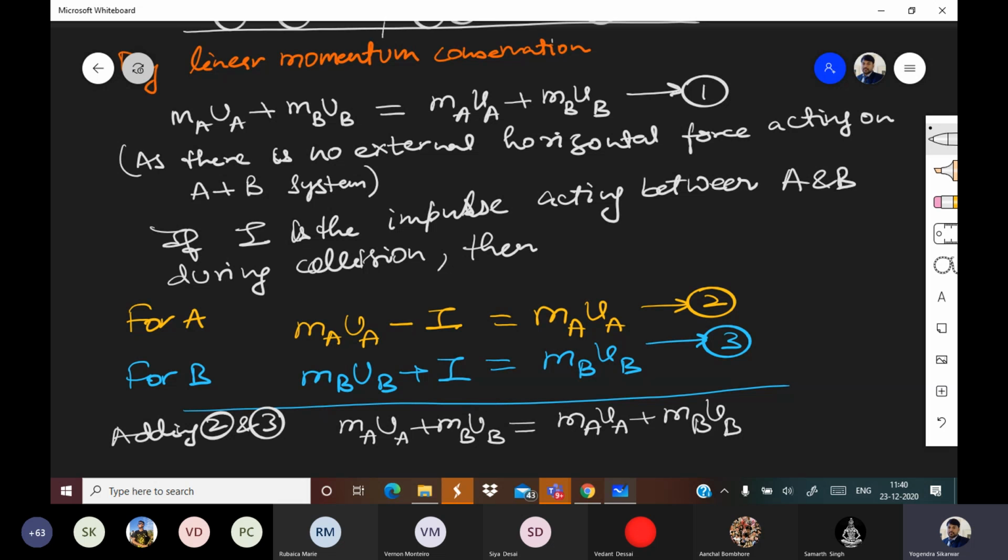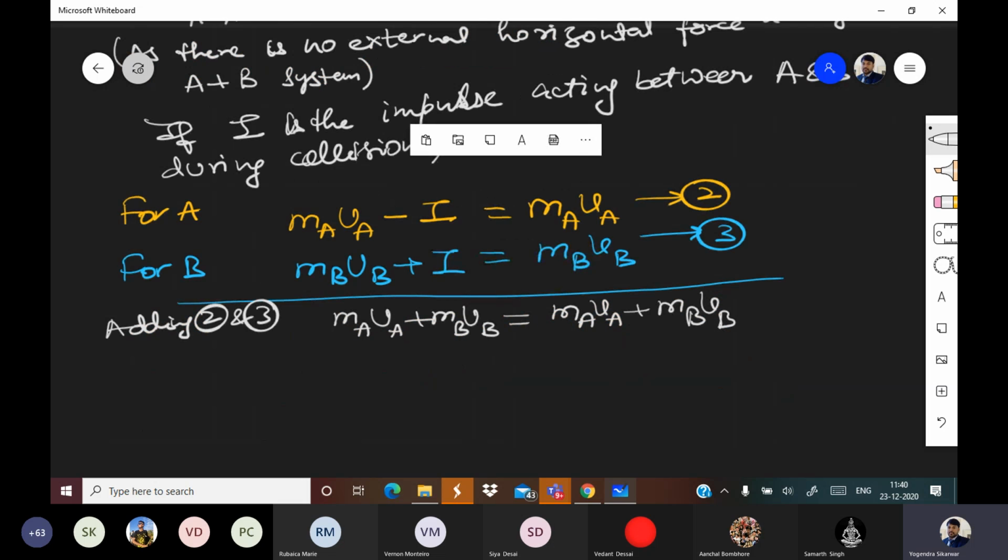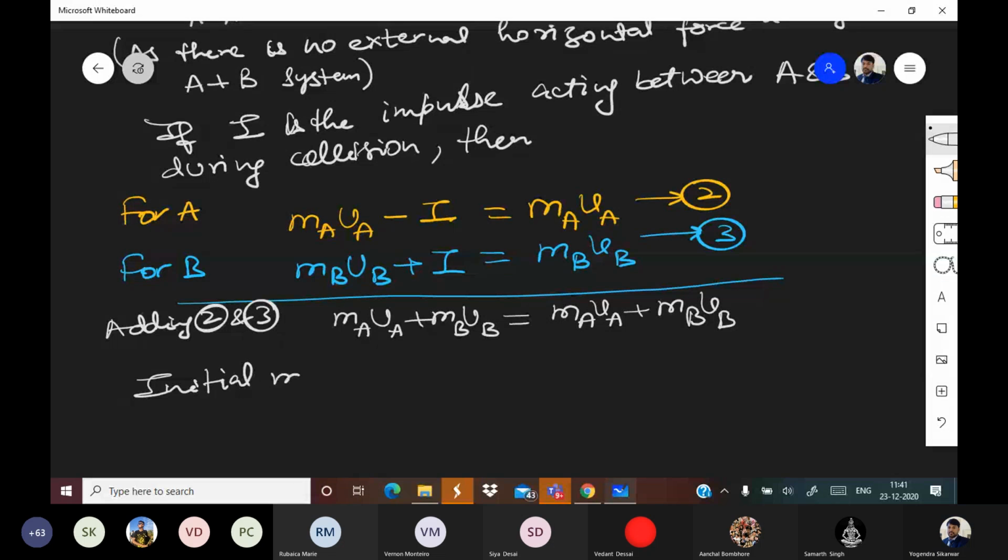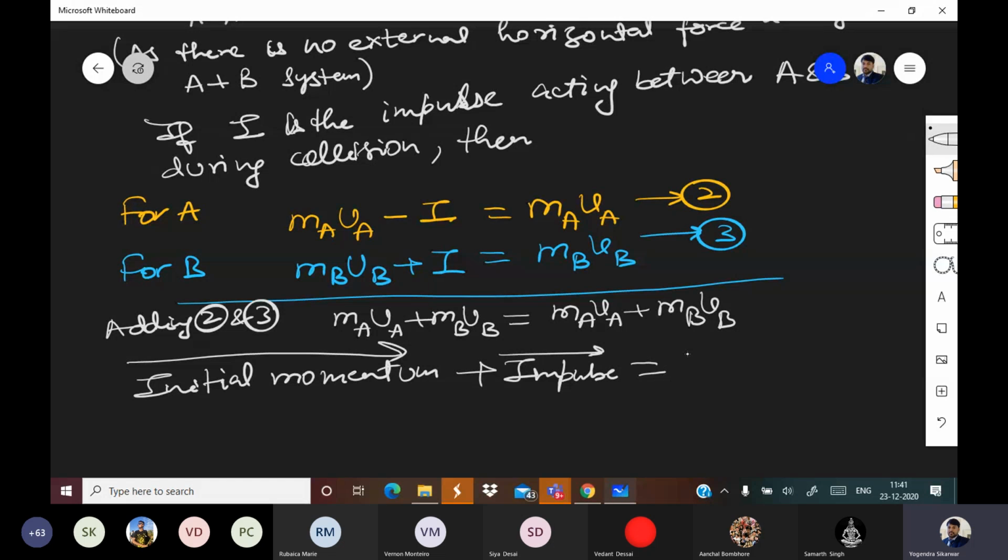And all this is in vector form: initial momentum vector plus impulse vector is equal to final momentum vector. Okay, that's how you use these equations.